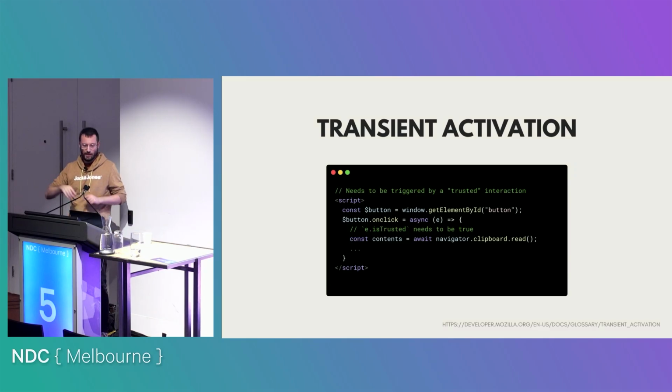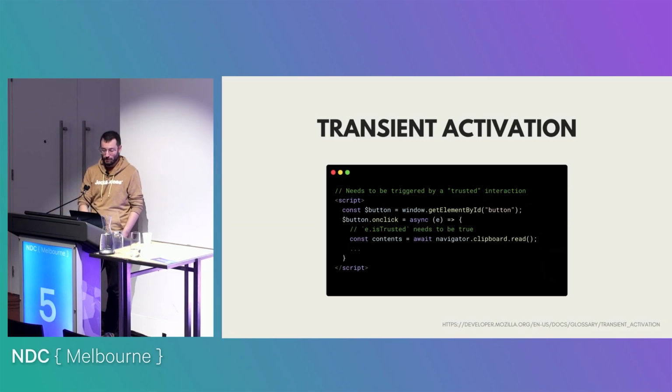That's exactly what it is. If that's true, that means it's a trusted event that can be used to trigger transient activations. What that means is those APIs can only be used in click handlers, mouse move handlers, et cetera, et cetera. So the user actively did something to make sure it can't just be spammed at them. So the clipboard API is a good example for that.